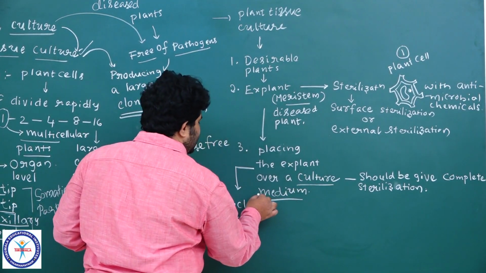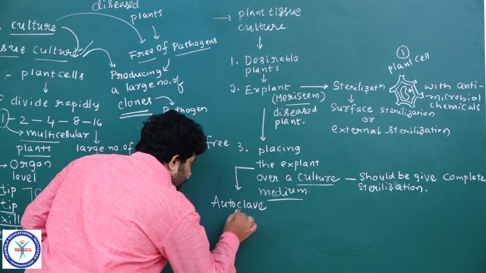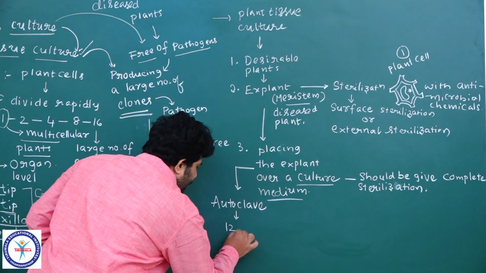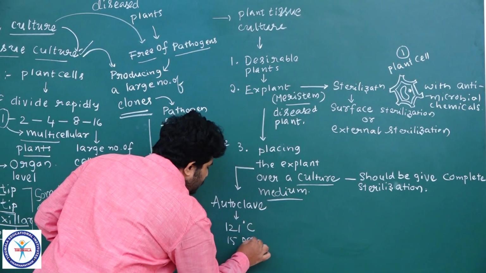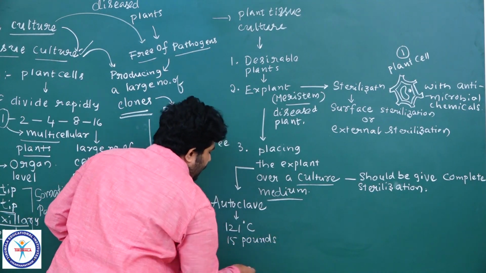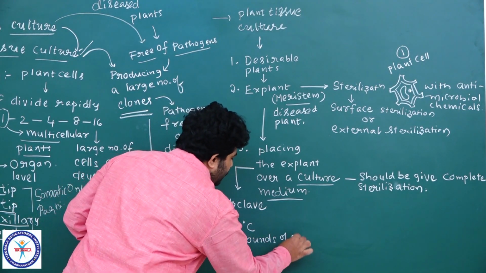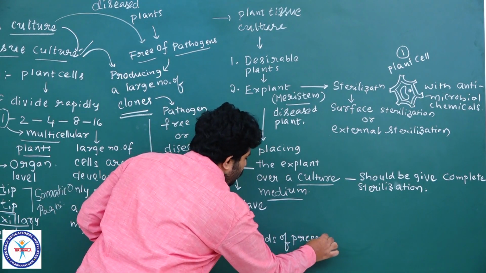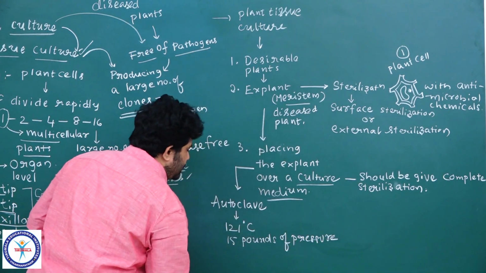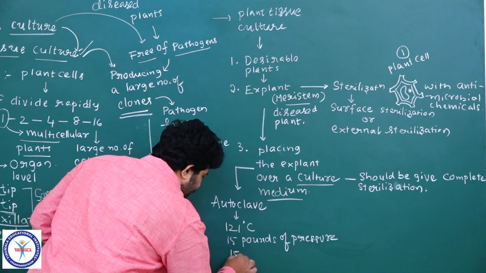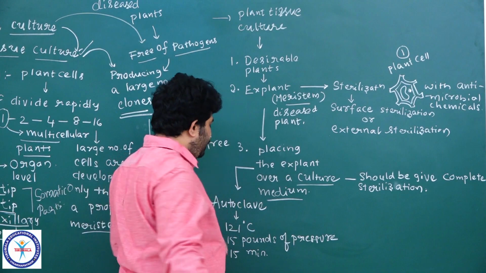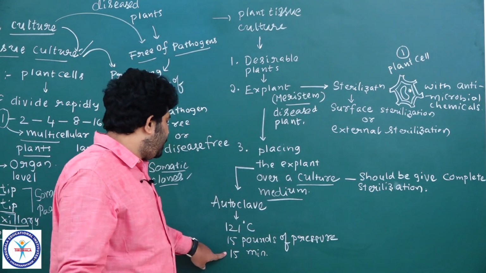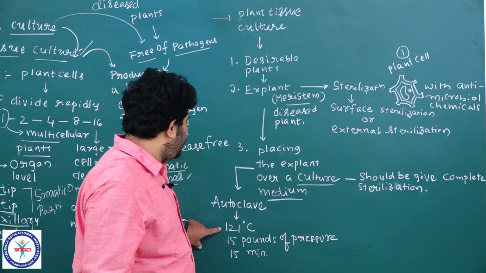We place it in the autoclave at 120 degrees Celsius and 15 pounds of pressure for nearly 15 minutes. Understood, students? 15 minutes at 120 degrees Celsius.